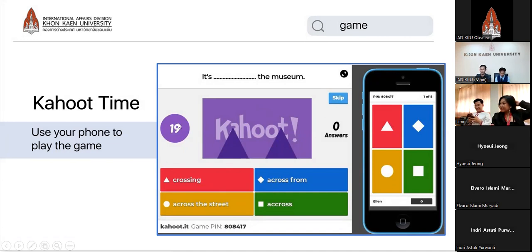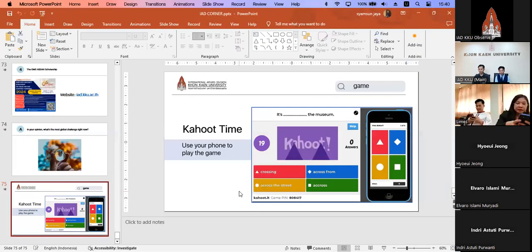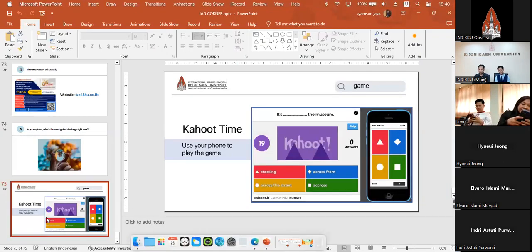So here on your laptop, for example, there is a question and then the answers with shapes. What appears on your phone is only the shape. Later on, you just need to click the shape to answer, based on what you see on the screen in the Zoom. So you can use your mobile phone to play with us. You can go to Google and then type Kahoot.